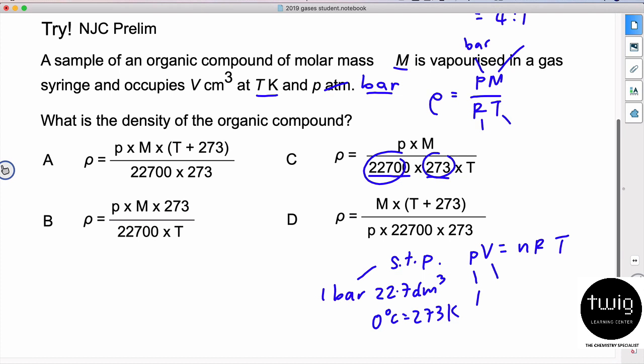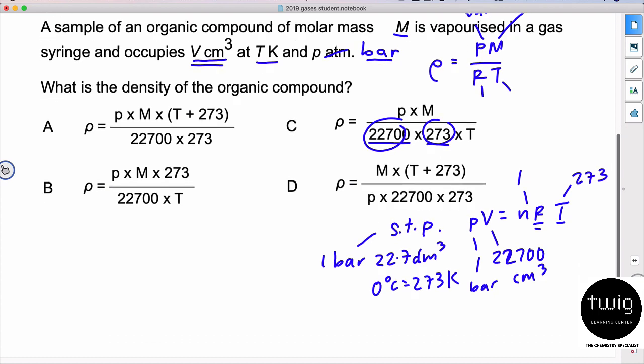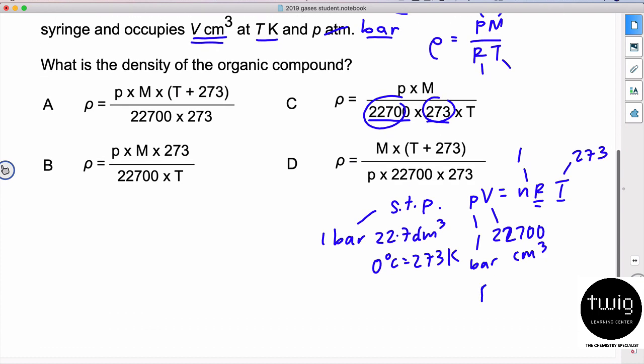Volume here is in what? cm cube. So I have to use this volume also in cm cube: 22700 cm cube. So this is bar, this is cm cube. Just make the units all consistent. n is of course 1, R is R, and T is 0 degrees Celsius, which is 273. So R will be equal to 22700 over 273.